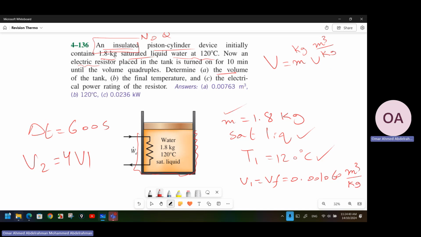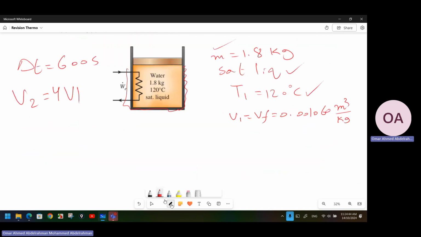Then, in order to calculate the volume, I will multiply by the mass. So V1 is equal to m v1, which is 1.8 times 0.00106, and that gives 1.908 times 10 to the power negative 3 meter cubed.